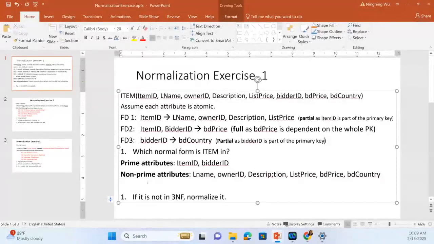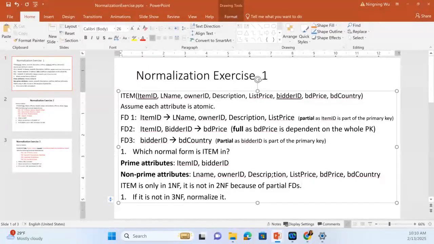So then which normal form is this in? So item is only in 1NF. Sorry, it is not in 2NF because of partial FDs. 2NF does not allow partial functional dependency.